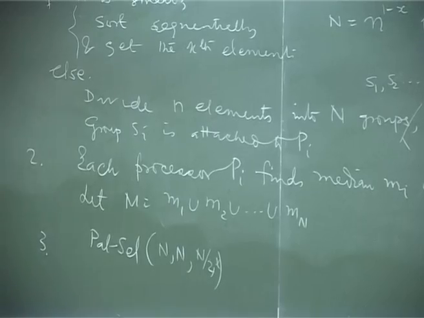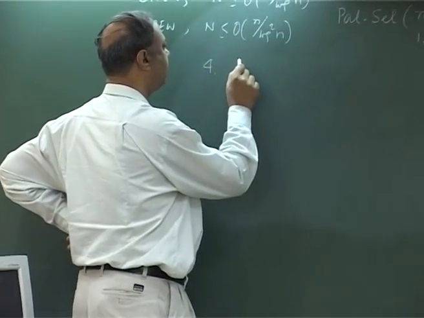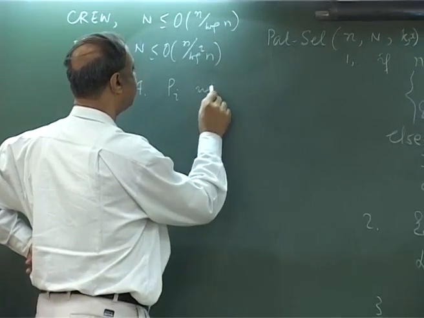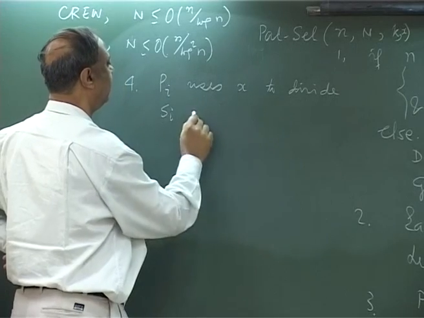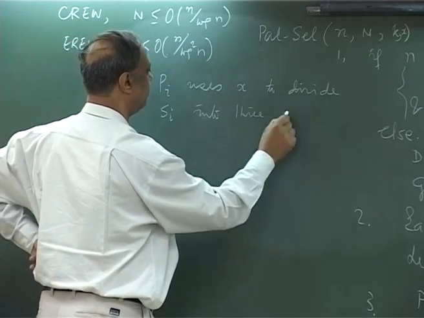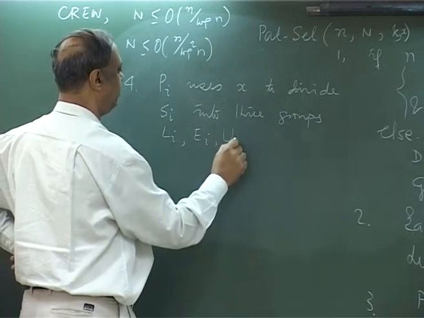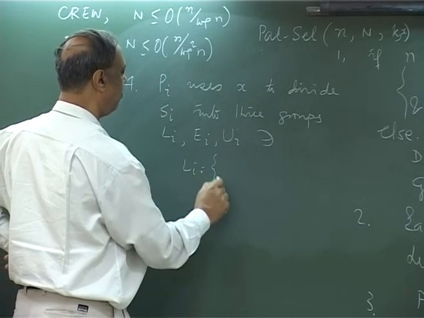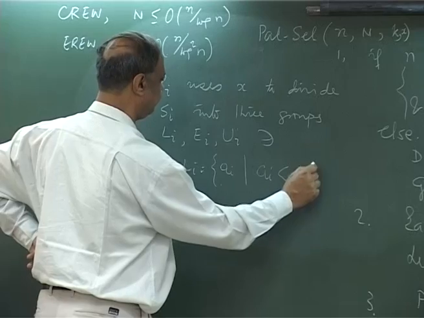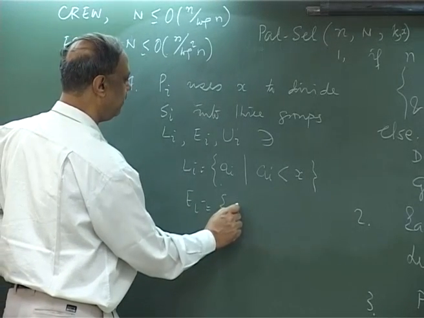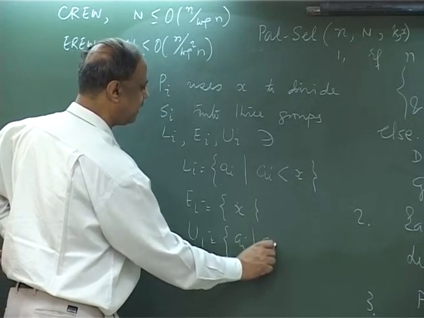Agreed? So, step 4: Pi uses x to divide Si into 3 groups, Li, Ei and Ui, such that Li contains all the elements ai where ai is less than x, Ei contains all the elements equal to x, and Ui contains all the elements ai where ai is greater than x.